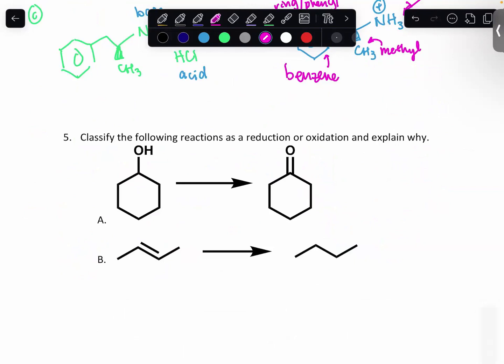Classify the following reactions as a reduction or oxidation, and explain why. Thoughts on the first one? Why? What increases?